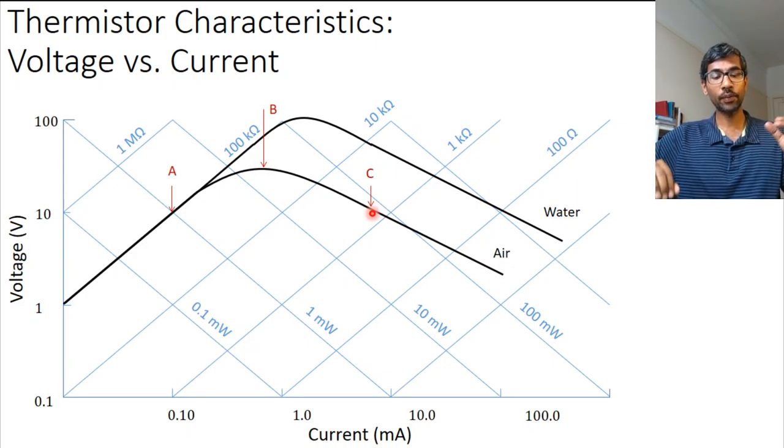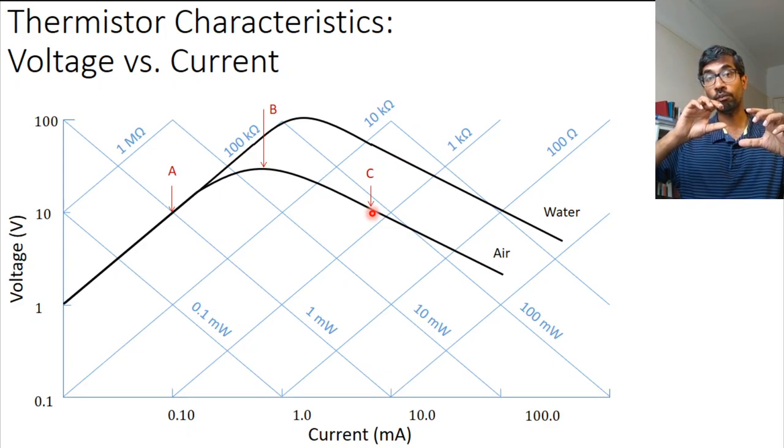Here, what is happening is, if you have a voltage source across a thermistor, and the resistance of the thermistor is R, the current flowing through the thermistor is V over R. Now, because the current increases the temperature of the thermistor, the resistance of the thermistor goes down. So V over R, the current, increases.